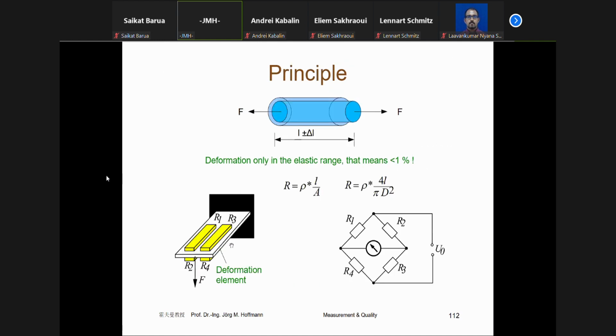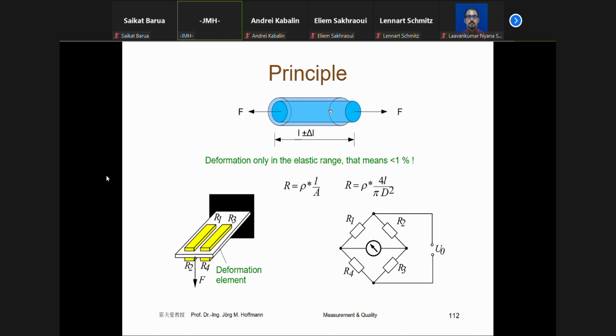And when we look at the formula, the resistance is the specific resistance multiplied by L, the length, divided by the area.